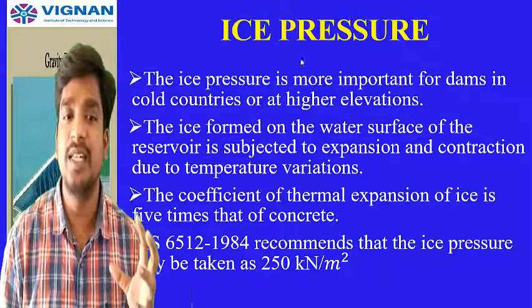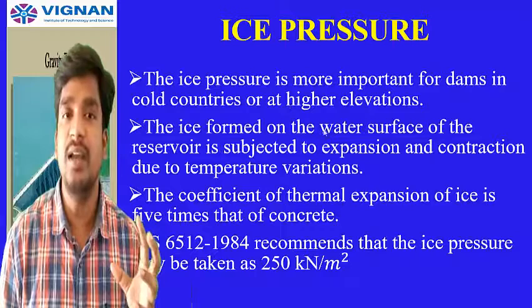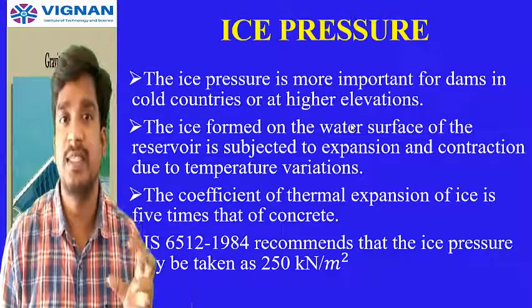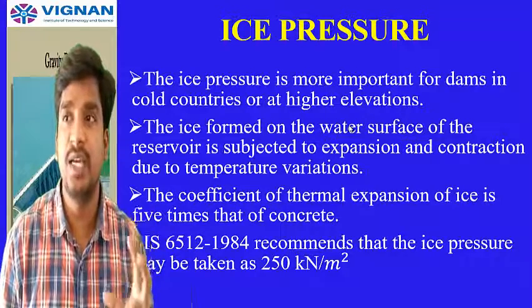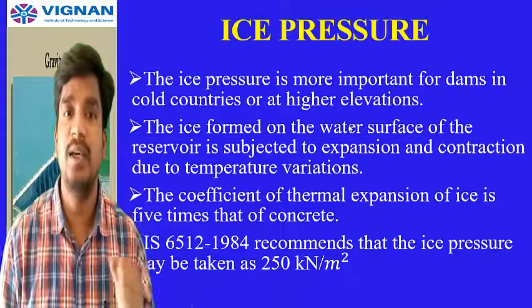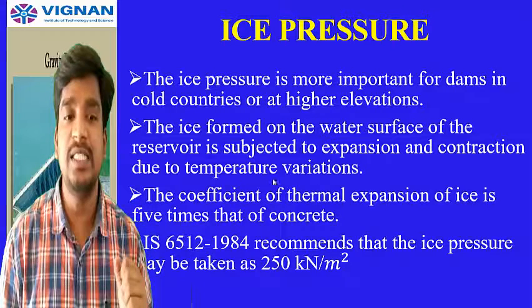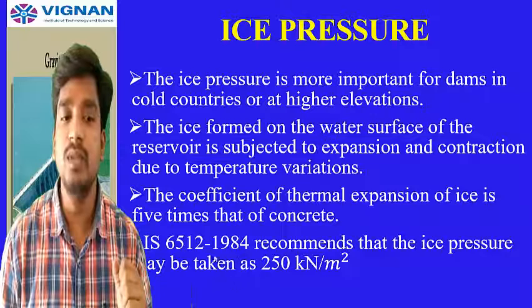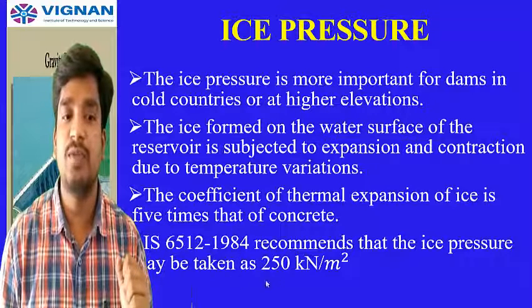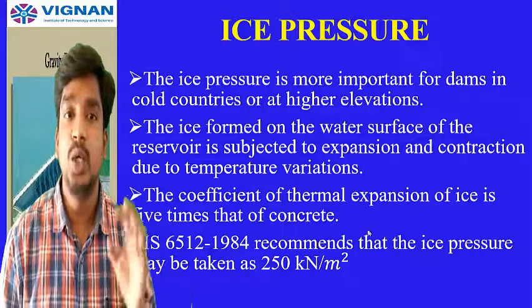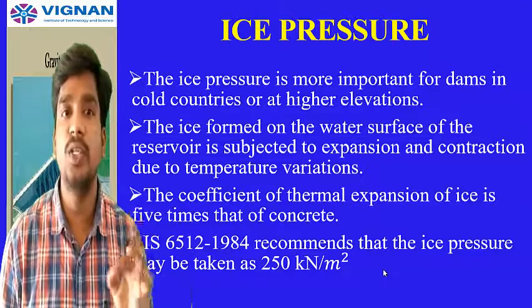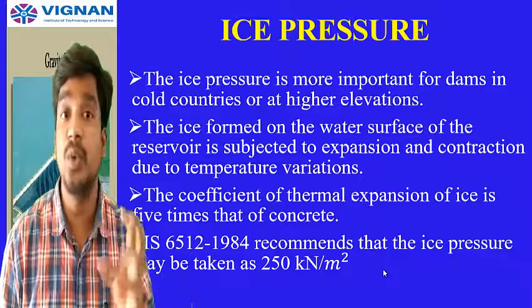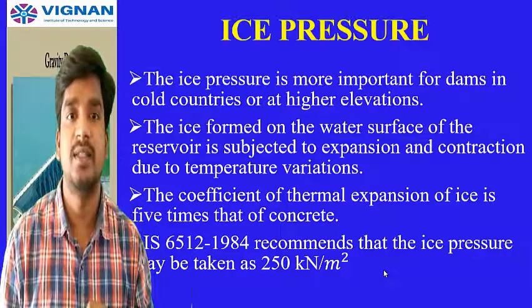In order to consider this, we need to consider the ice pressure in the design. While designing itself, we need to consider the ice pressure. As per the code, IS 6512-1984 recommends that an ice load of 250 kilonewtons per square meter is to be considered.